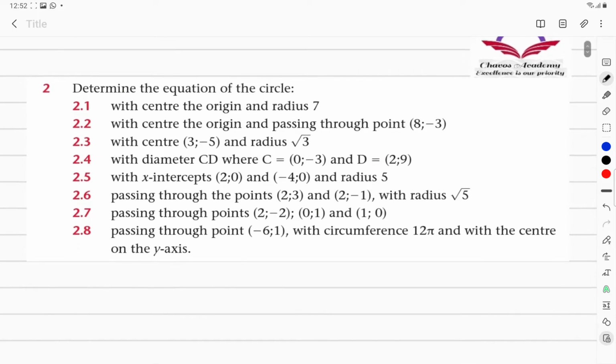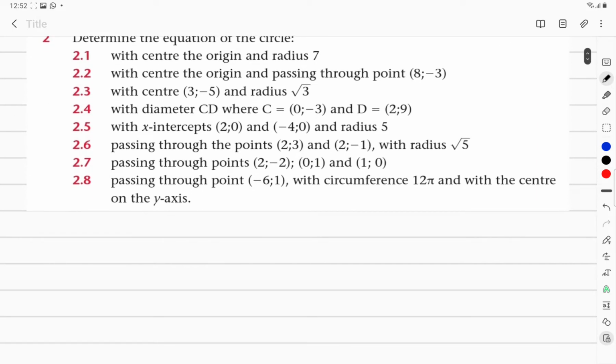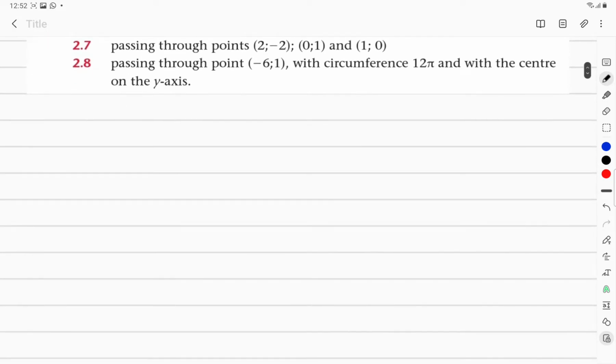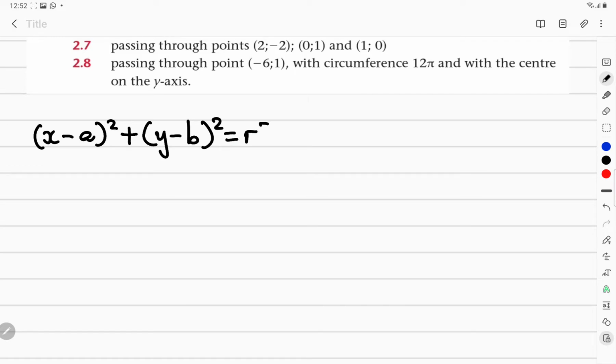Okay, let's firstly see here. In general, the equation of the circle will be given by (x - a)² + (y - b)² = r².